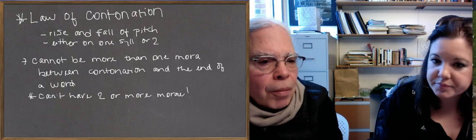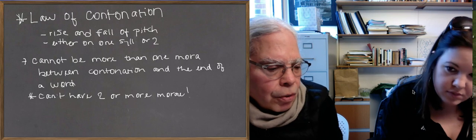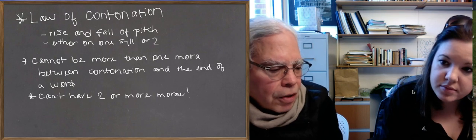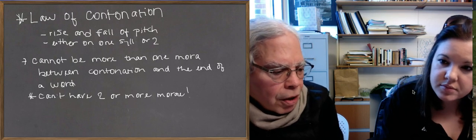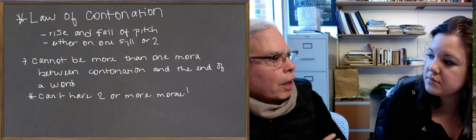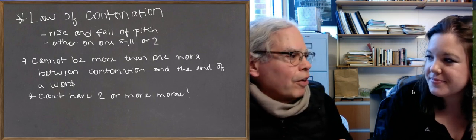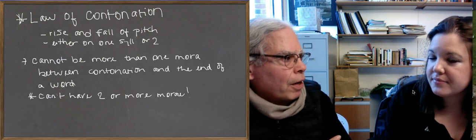Okay, so if you think about what we said about circumflexes, that circumflexes can only happen on the last two syllables of a word, then you can see how the rule works. If a circumflex is happening on the last syllable, how many morai are there between it and the end of the word? None. If it happens on the second to last syllable, how many morai are there? One.